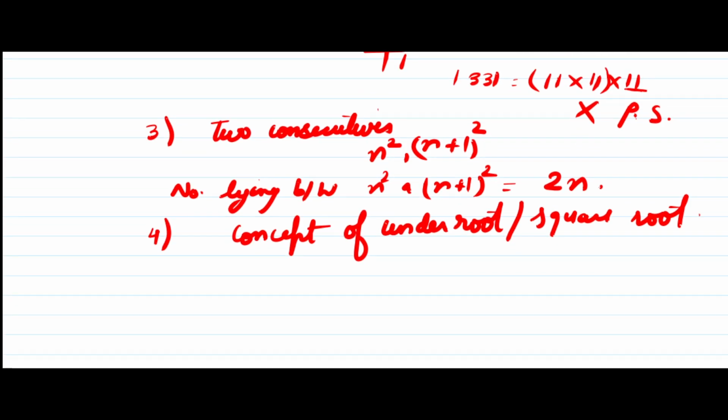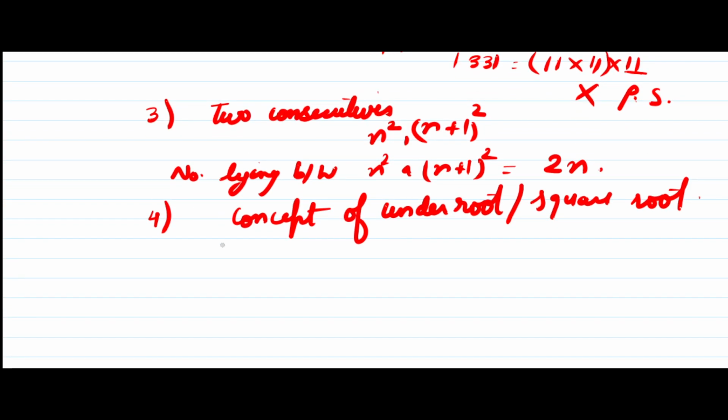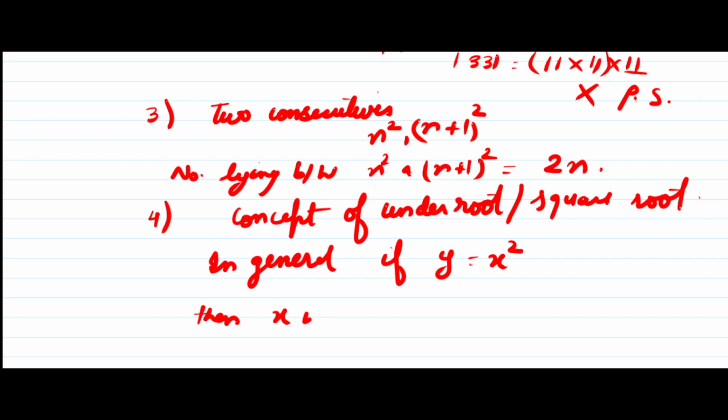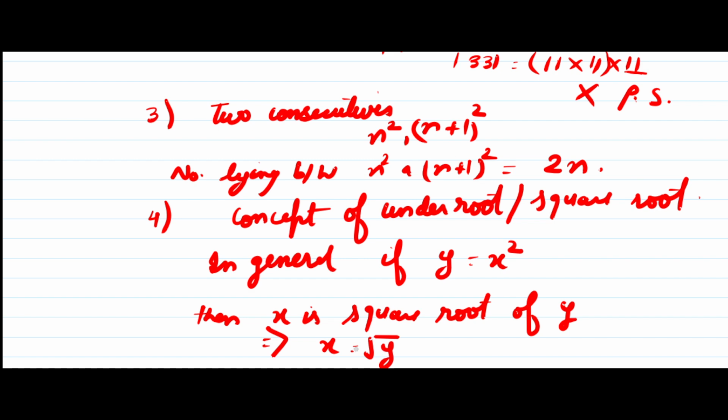In general, if y is equal to x square, then x is the square root of y, that means x can be written as under root of y, square root of y.